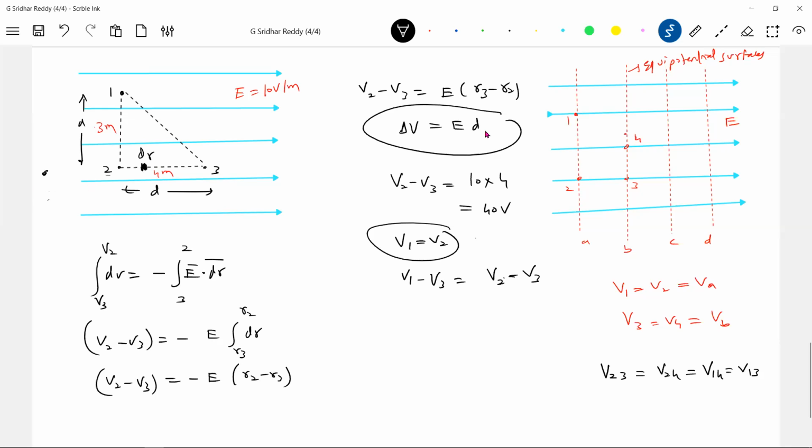So we can conclude regarding equipotentials: in this particular field, whether you calculate the potential difference between 2 and 3, or 1 and 4, or 2 and 4, or 1 and 3, they will be the same. Able to understand?